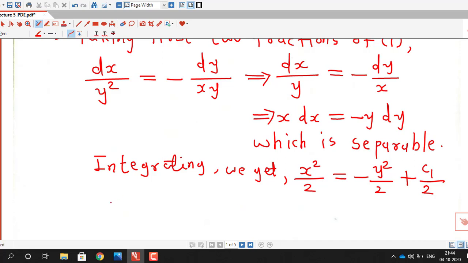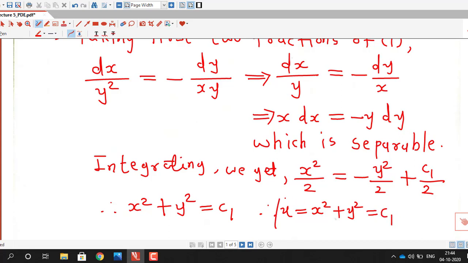So therefore if we cancel 1 by 2 and if we take minus y square on the left hand side, we obtain x square plus y square equal to c1, which we can take as function u. So we have u equal to x square plus y square, which is c1.